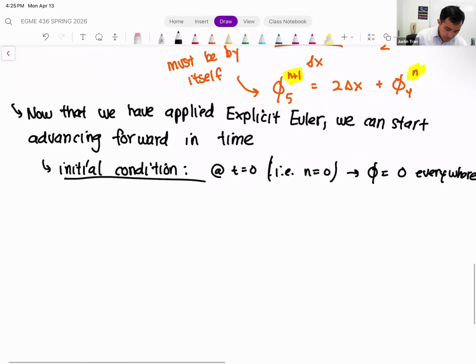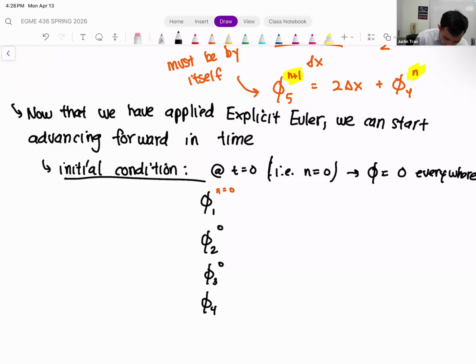That means our first solution is going to look like this: phi 1 at time step 0, phi 2 at 0, phi 3 at 0, phi 4 at 0, phi 5 at 0. Let me highlight the time step in the superscript.